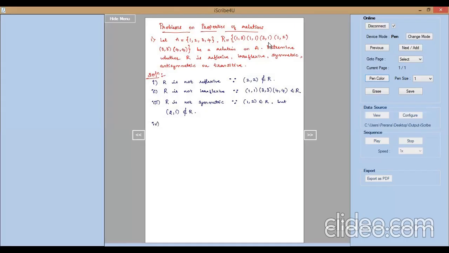Then the fourth one is to verify whether it is antisymmetric or not. We'll recall the definition for antisymmetric.